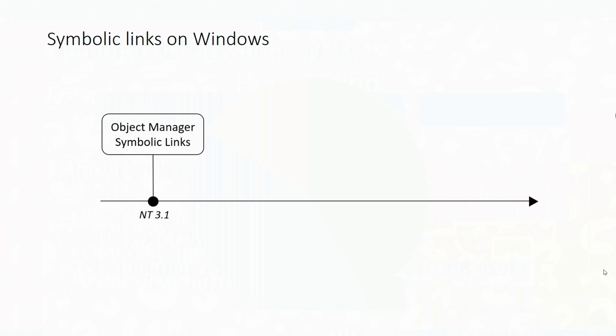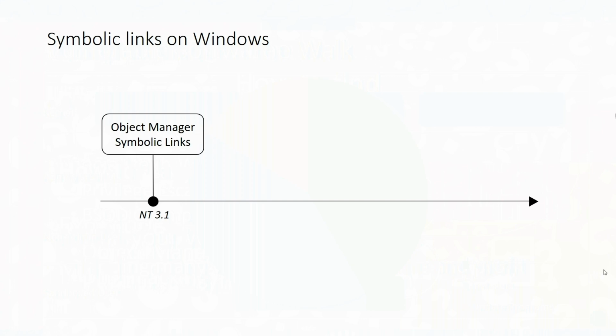On Windows, on the other hand, symbolic links are a different thing. At the beginning of the joyful NT3 days, we only had object manager symbolic links and registry symbolic links, but we don't care about them now. An object manager symbolic link is an object that is used to translate a reference to one named object into another name.